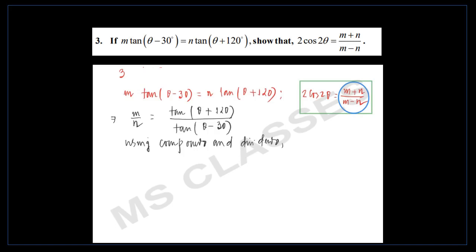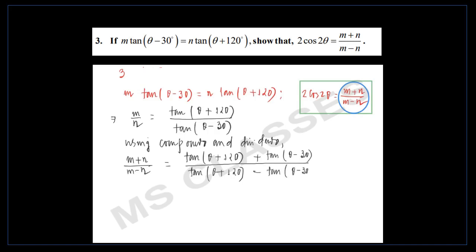So what we get? (m plus n) by (m minus n) is (tan(theta plus 120) plus tan(theta minus 30)) whole divided by (tan(theta plus 120) minus tan(theta minus 30)). Now, since you need it in terms of cos, you split up in sin and cos.